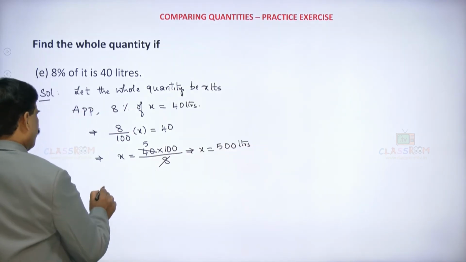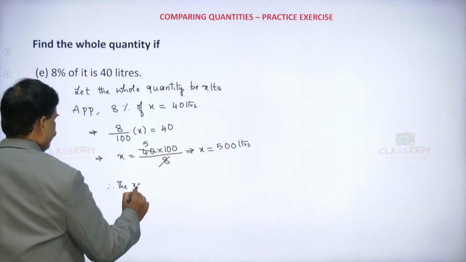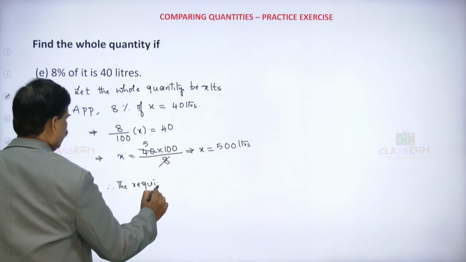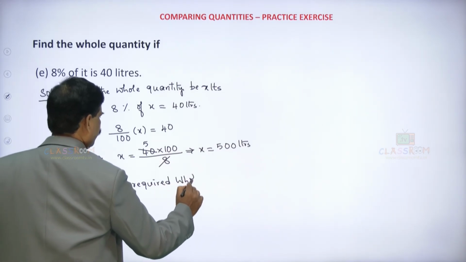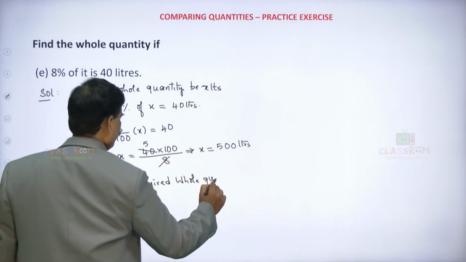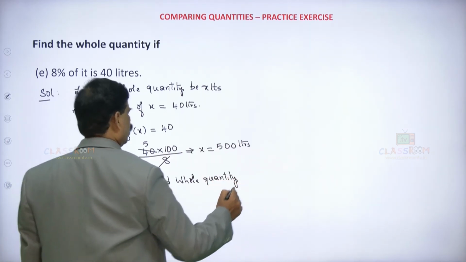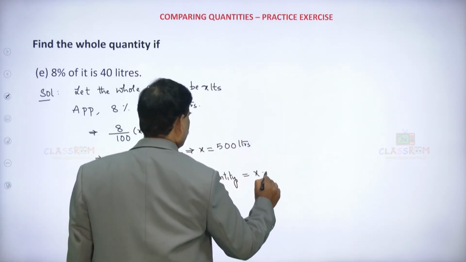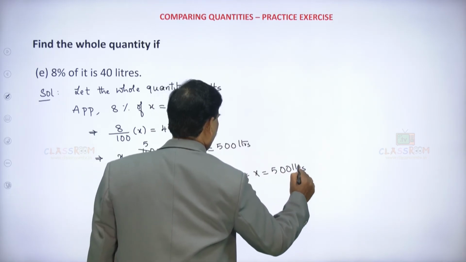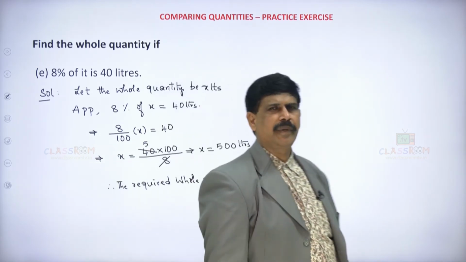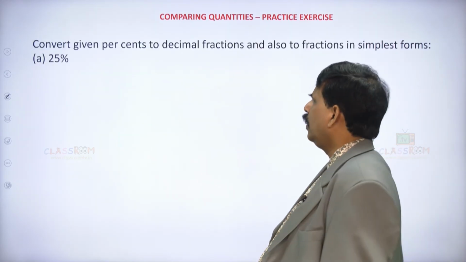So therefore, the required whole quantity is equal to x, that is equal to 500 liters. It's clear? See the next one.